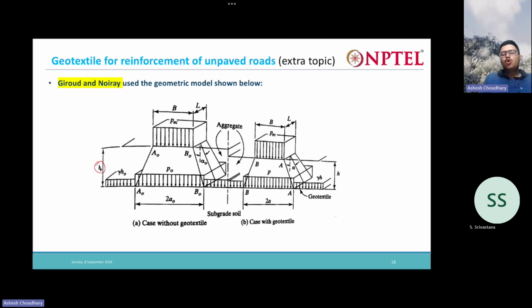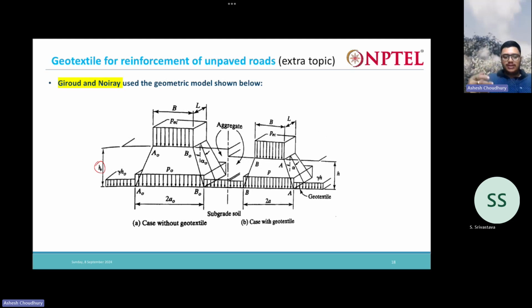When you do not use any geotextile reinforcement, you need to put a certain thickness of aggregates over the subgrade to make an unpaved road strong enough so that it can take the load of the wheels of the vehicle, right? So this H naught is the height of that aggregate layer that is placed.